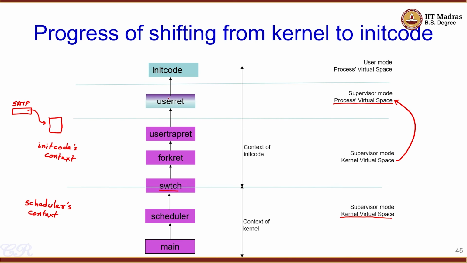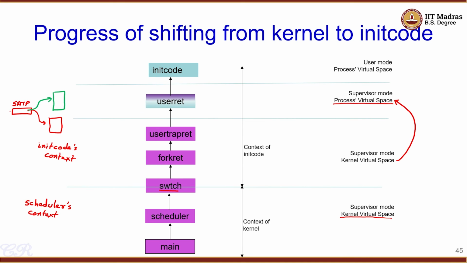And what we are actually doing here is reconfiguring the SATP pointer so that it is now pointing to the init code's virtual address space, or the process's virtual address space, right.